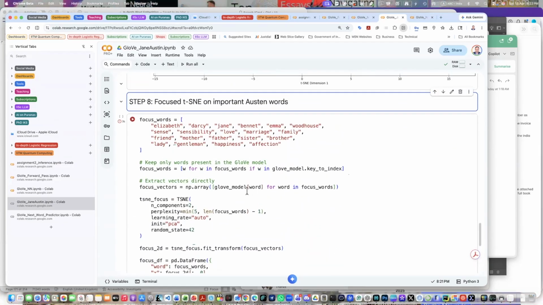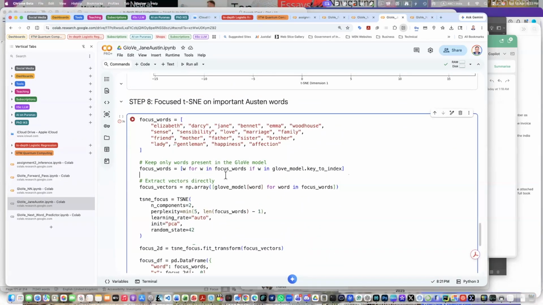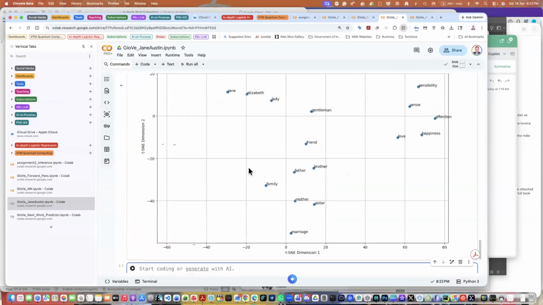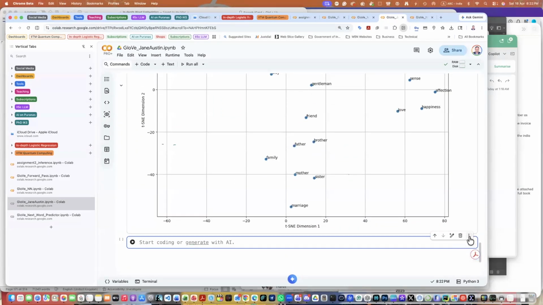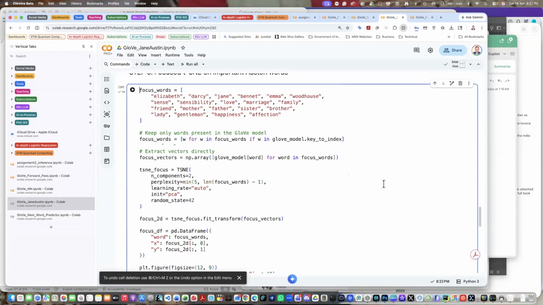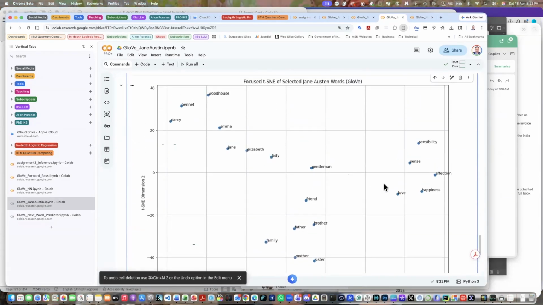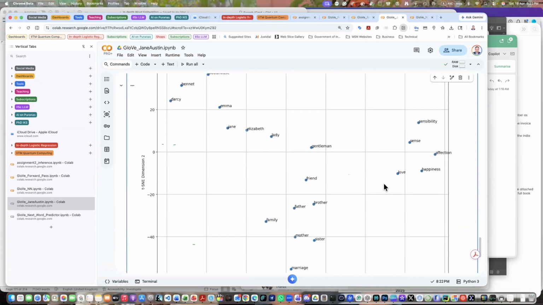Okay. Now that he's understood the words, I can do a little bit more. I just took one more step here. That is, I take some focused words, which definitely occur in Jane Austen. If I take these focused words, you notice that you can see the pattern quite evidently. Like you see here, all these words are definitely together, right? Father, brother, sister, and all kinds of stuff.